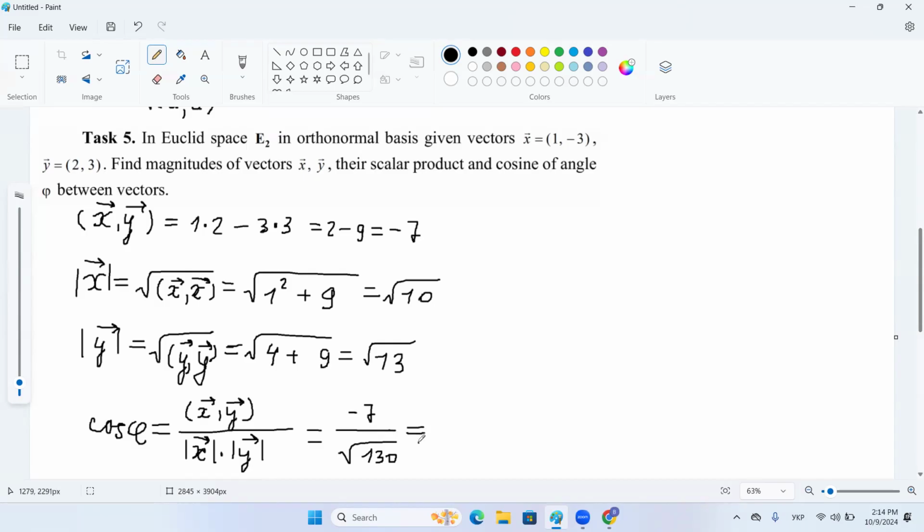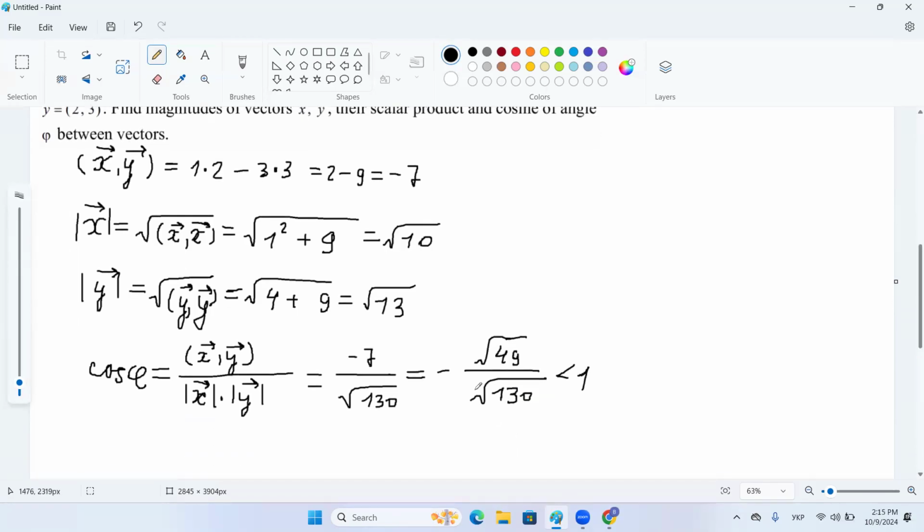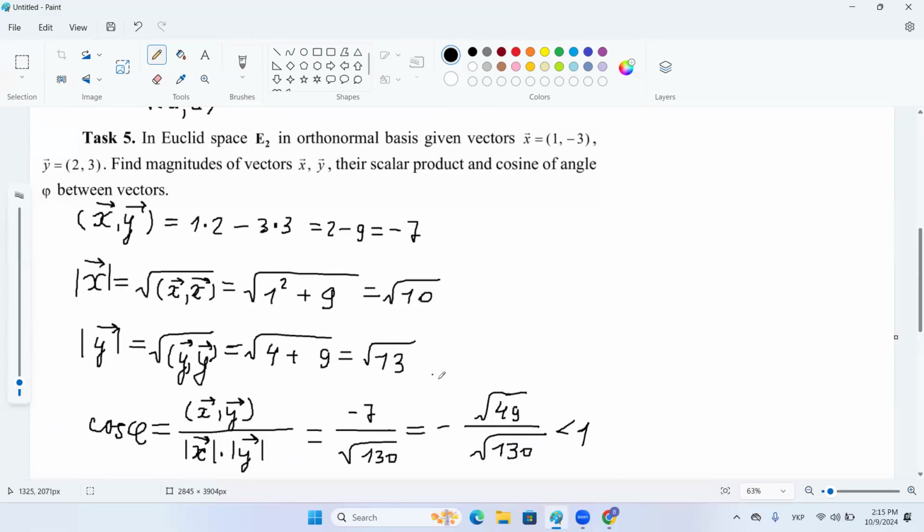And just to verify, minus square root of 49 divided by square root of 130 is less than 1, so we have an adequate answer. Okay. So any questions about this task? No questions. Okay. Let's move on.